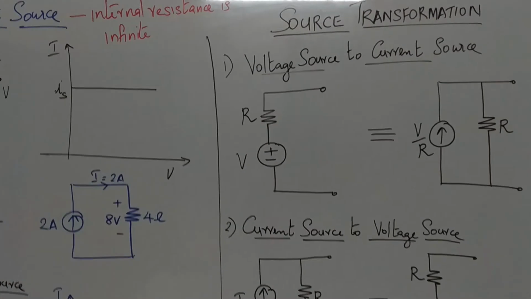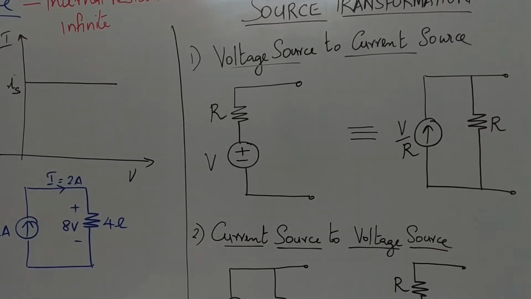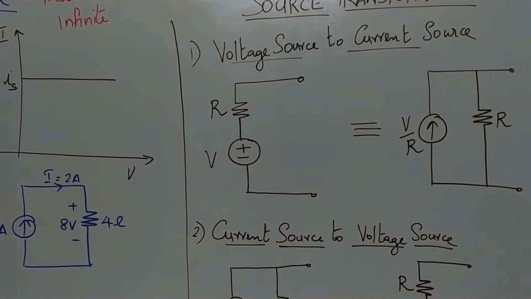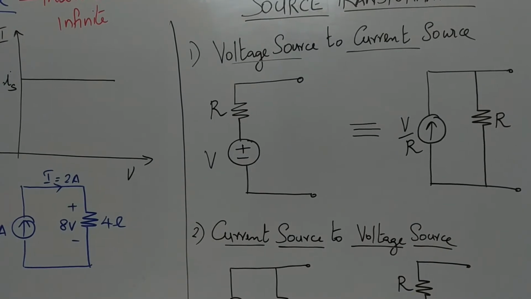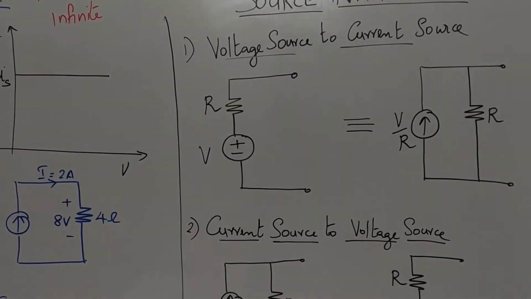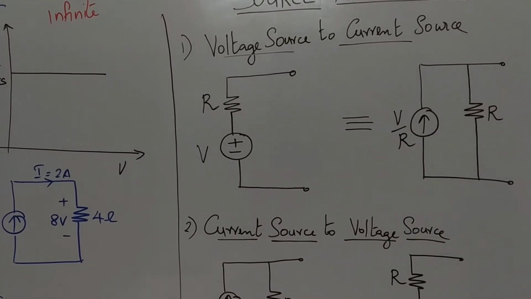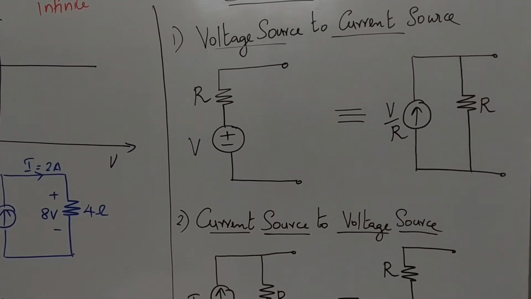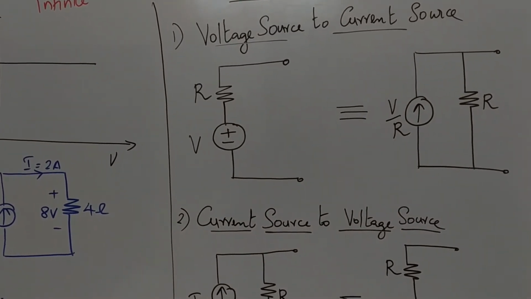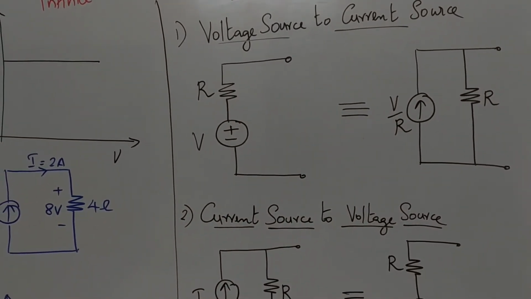First, we will see how to convert a voltage source to current source. Suppose we have a voltage source in series with a resistance R. This can be converted to a current source in parallel with resistance R. So the value of current source will be V by R and the resistance in parallel will be the same.